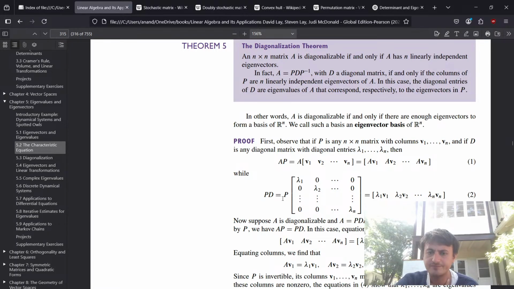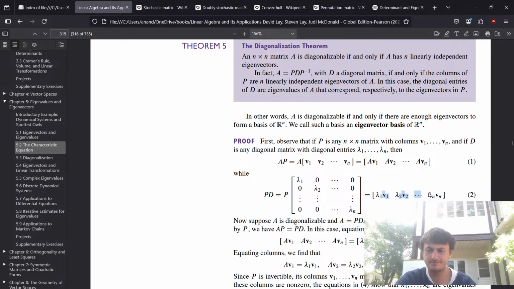And P D is equal to P times that, which is just going to be, yeah.